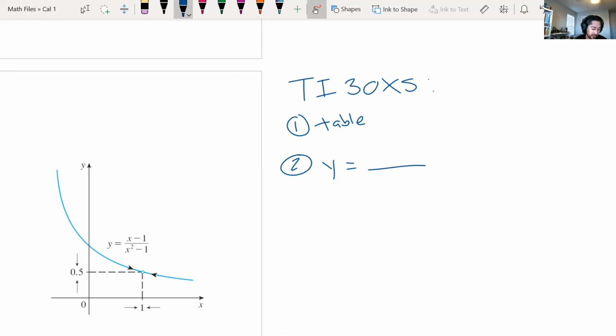Did you find the N over D button? Yes. It's right above the sign button. Found it. Okay. And now it's going to give you two boxes, right? Yes. So you're going to type in the function just as you see it. You're going to do x minus 1 over x squared minus 1.